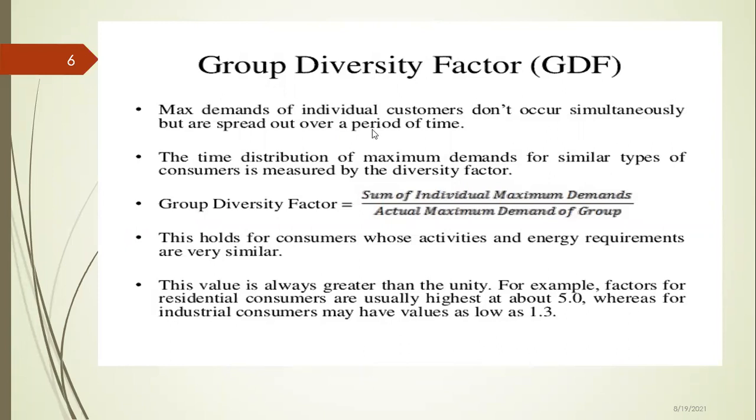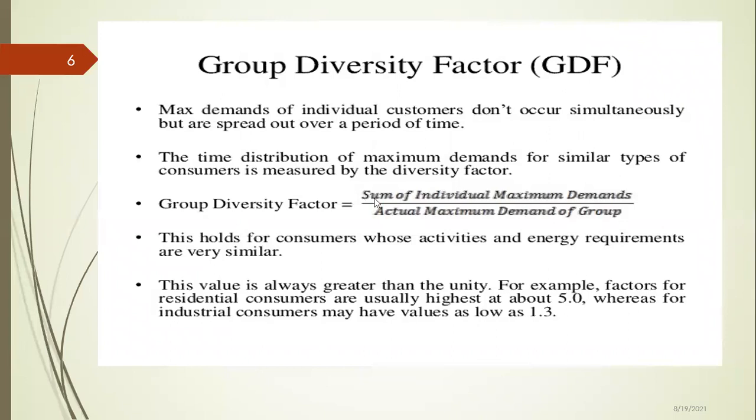Like your house has the maximum demand at some different time instant, whereas your neighbor's house has the maximum demand at some other time instant. So in the numerator, you have to sum up the individual maximum demands of the number of houses in the colony. Let us say in our colony there are 10 houses.